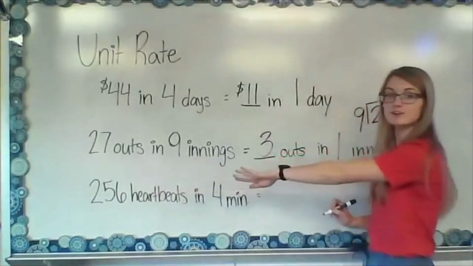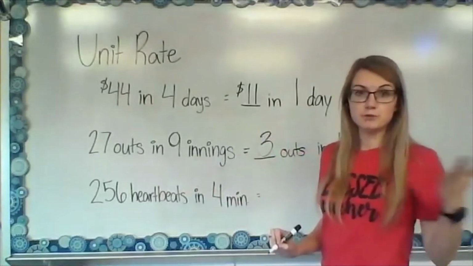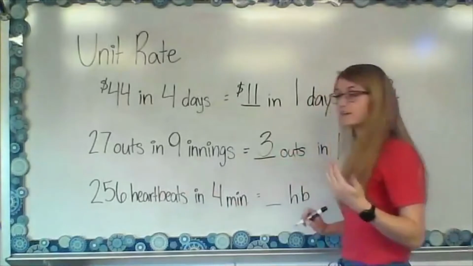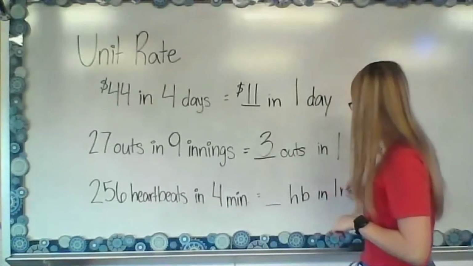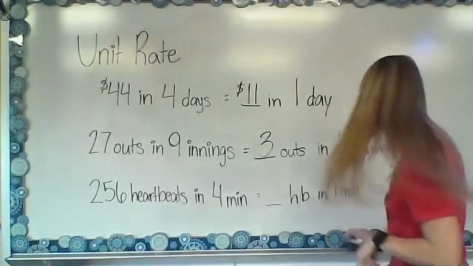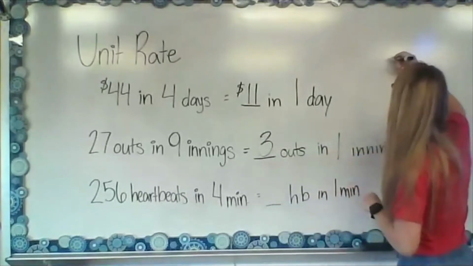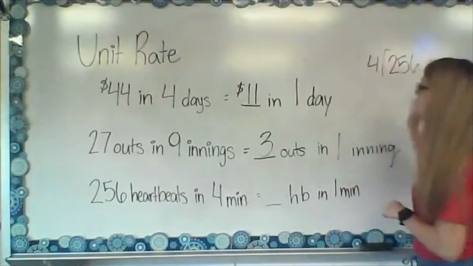Okay, we've got 256 heartbeats in 4 minutes. So the unit rate would be how many heartbeats there are in 1 minute. What do you think we're going to do? Divide, right? 256 divided by 4.